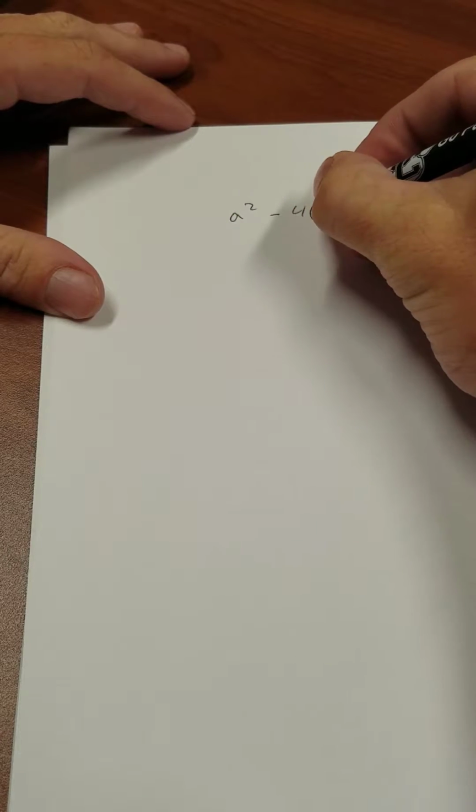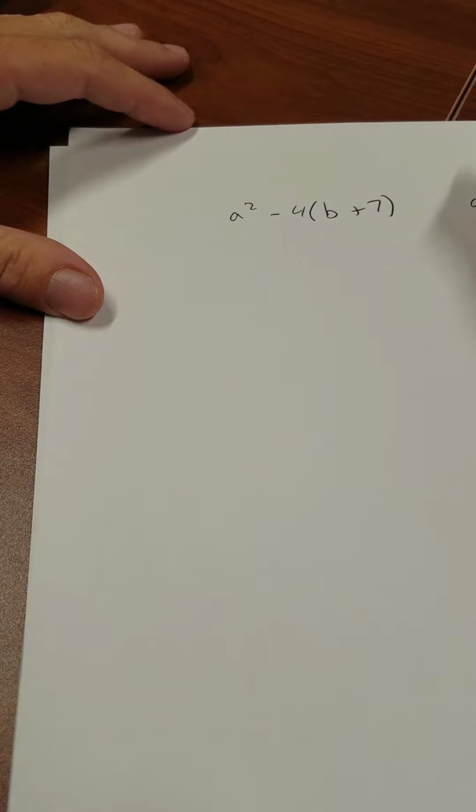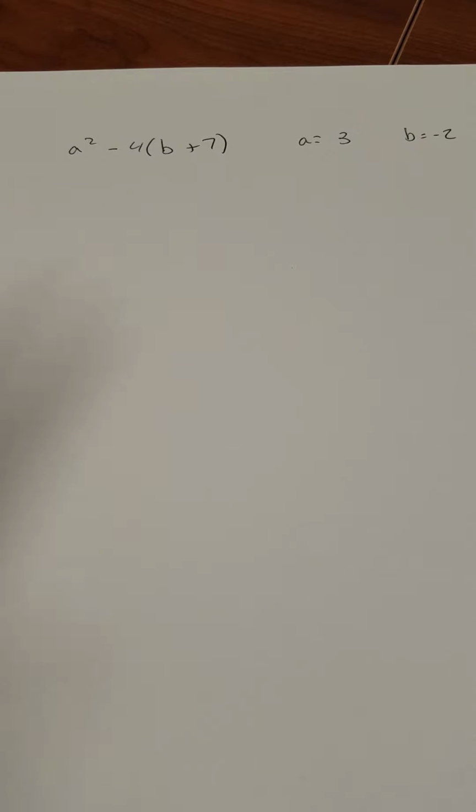Let me give you another problem. Let's say the problem is a squared minus 4 times b plus 7, and a equals 3 and b equals negative 2. We're dealing with two variables. Still not bad.